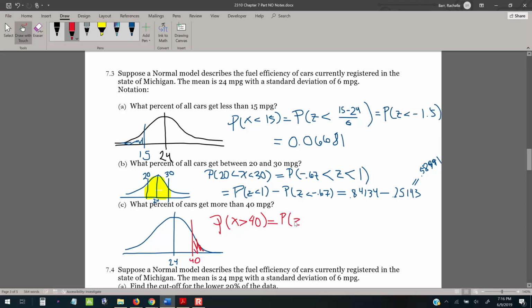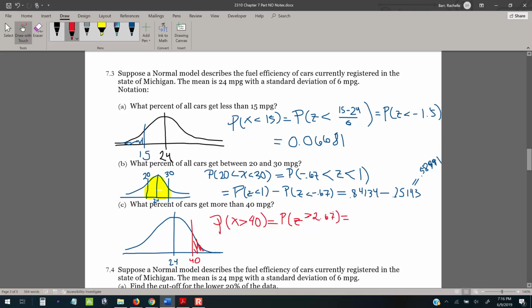Let's change this to a Z. So you do 40 minus 24, and then you'll get 16 from that and divide that by 6, and you'll get 2.66666666666, so change that to a 7 because I'm rounding.